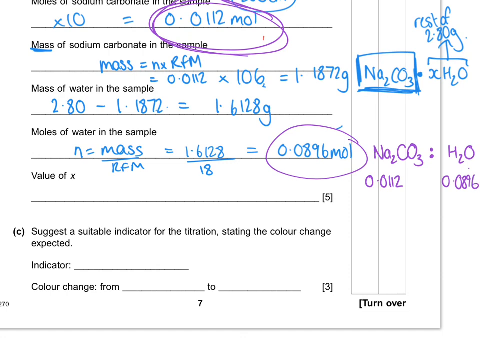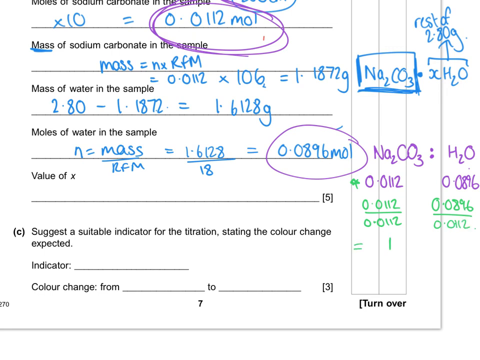When you're trying to get a mole ratio, what you do is divide by the smallest number, which is going to be your moles of sodium carbonate. So I'm dividing both numbers by that. So essentially I'm doing 0.0112 over 0.0112, and I'm doing 0.0896 over 0.0112.